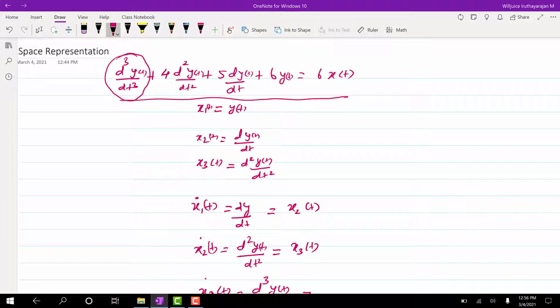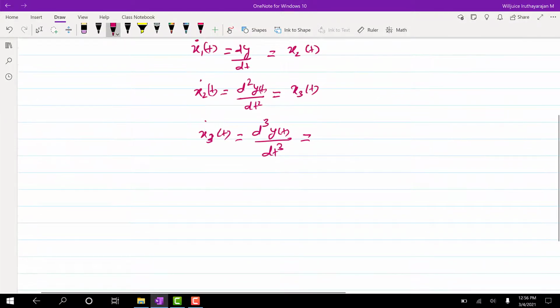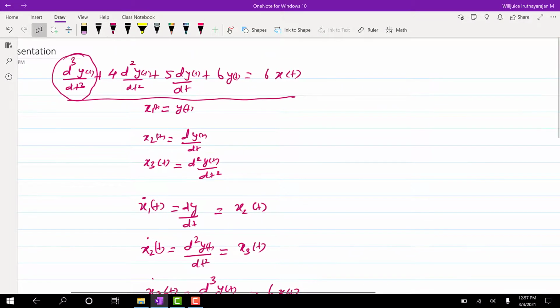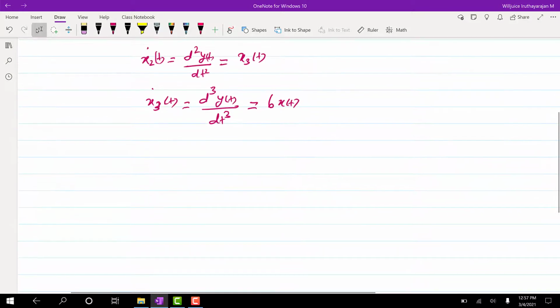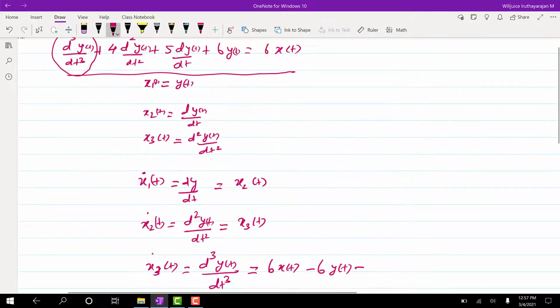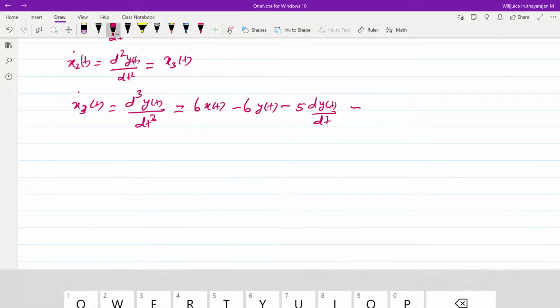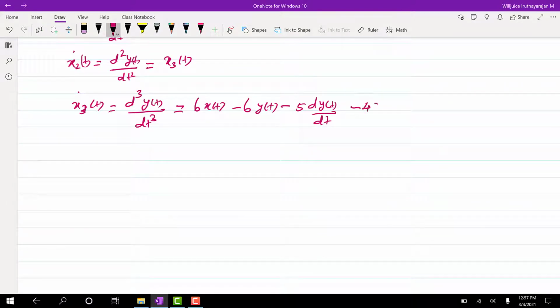So d3 y of t by dt cube can be written as 6 into x of t, and the remaining terms taken to that side: minus 6 into y of t, minus 5 into dy of t by dt, minus 4 into d square y of t by dt square.